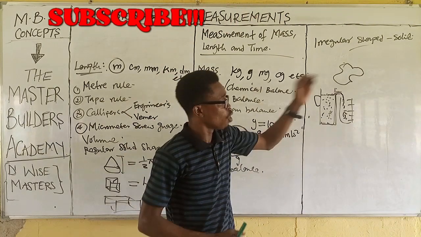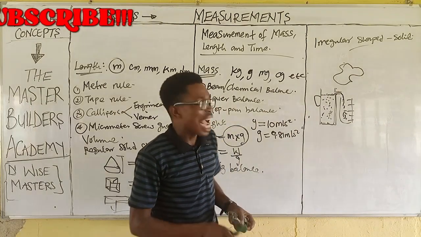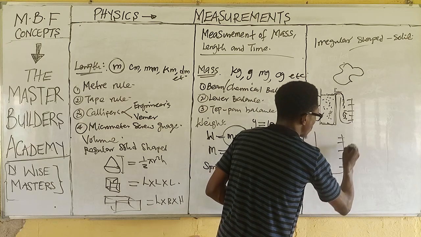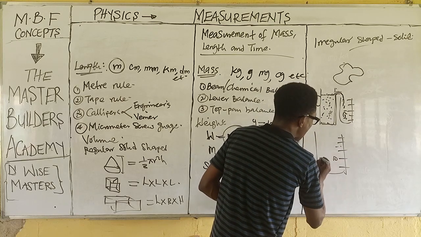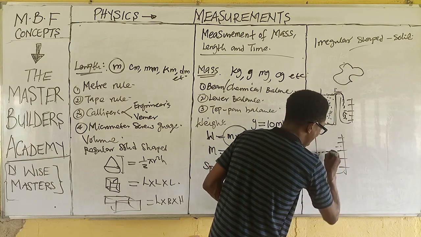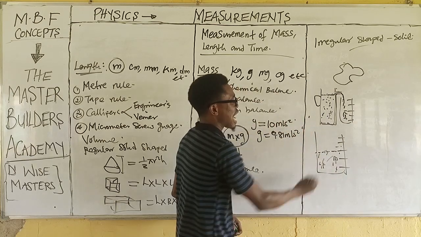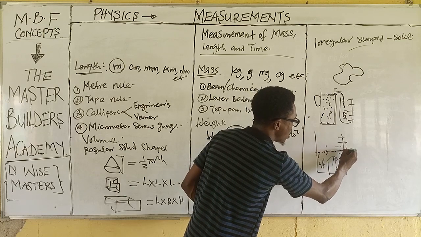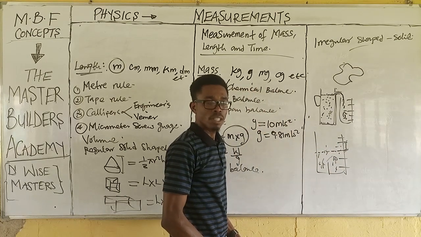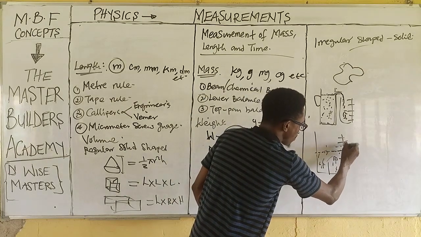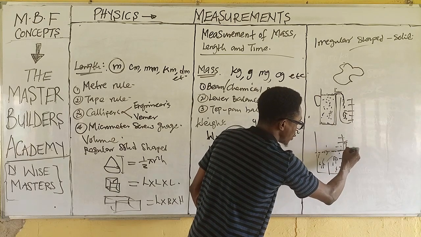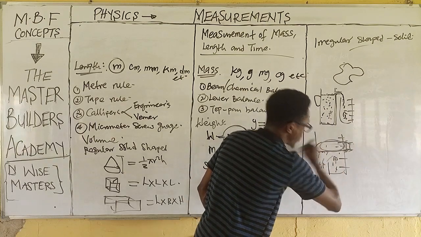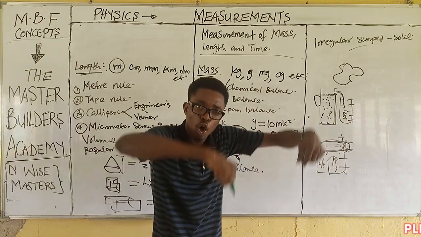Or otherwise, I can get a measuring cylinder that is wide enough. Then I put the water to this level. I fill it to this level. Okay? Then I insert the object. Then the volume will have risen from somewhere here to this point. So the volume of water that I will measure within this space is equivalent to the object I inserted.